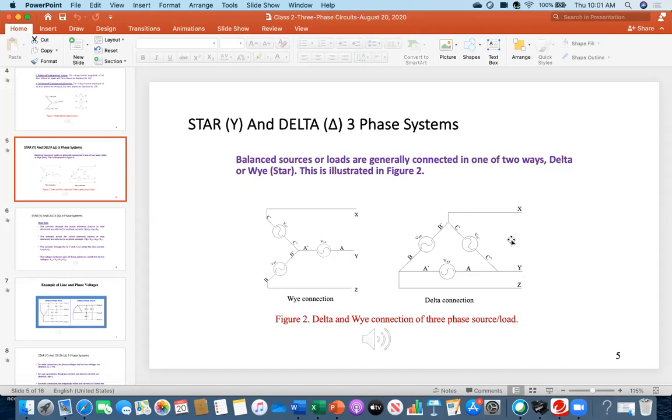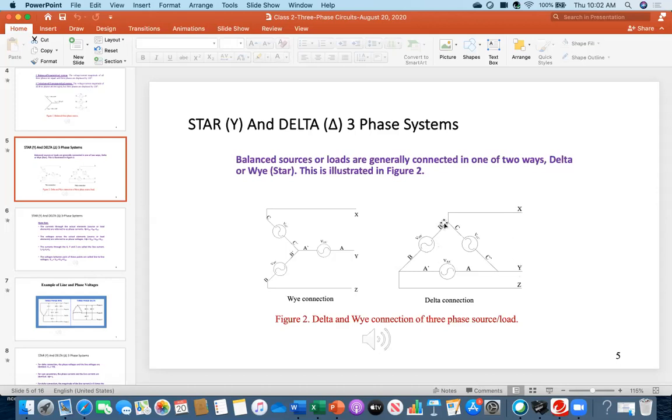So in this case, this is called the phase voltage when you are measuring voltage across only one coil. But once you are measuring the voltage between X and Y, although the voltage magnitude will be the same, this is called the line voltage, line to line voltage.